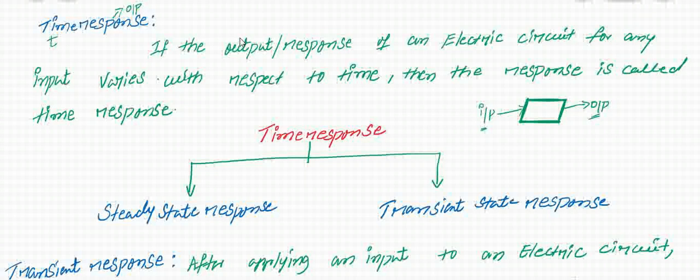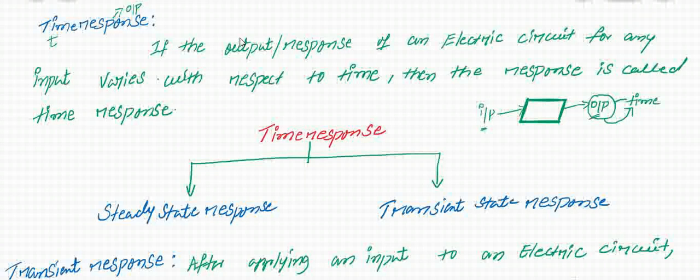Till now, in the first and second units, we have seen the dependency of the output on the input. Now in this unit we are going to see the dependency of the output on time. If the output or response varies with respect to time, or if the response depends on time, then the related response is called time response.